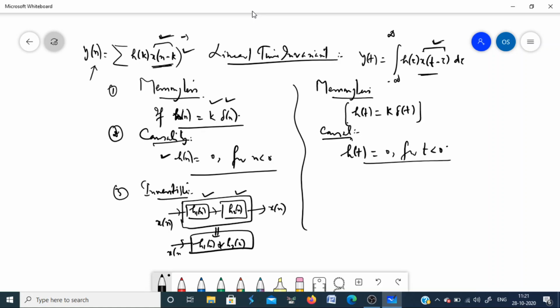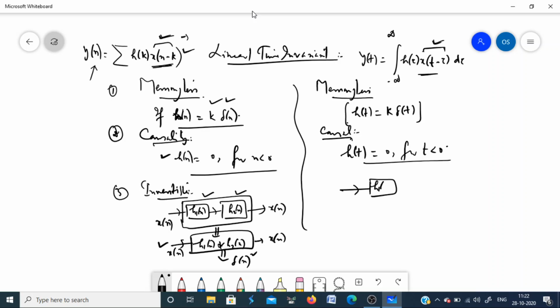It means for this to be an invertible system, this must be delta[n], because the convolution of x[n] with delta[n] is again x[n].